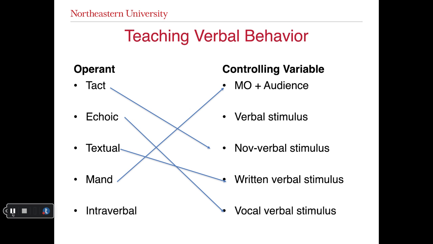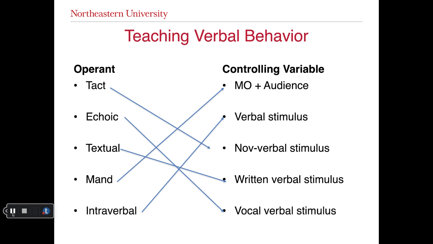I hope you said the MO plus audience would control manding behavior, or manding behavior would fall under the control of the MO plus the audience. And intraverbal would be the one with the least specific controlling variable, as it's a verbal stimulus. Of course, you know that then the intraverbal will not have point-to-point correspondence with that verbal stimulus.